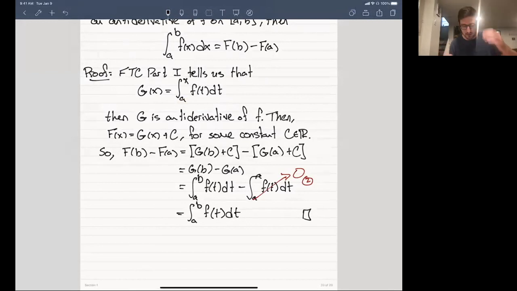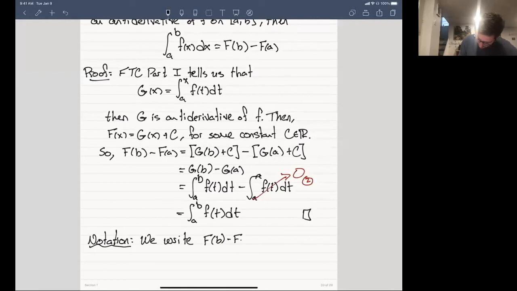And so sometimes what we do, just for notation here, we write f of b minus f of a. A lot of the times we'll write this as f of x and then a line with a to b.